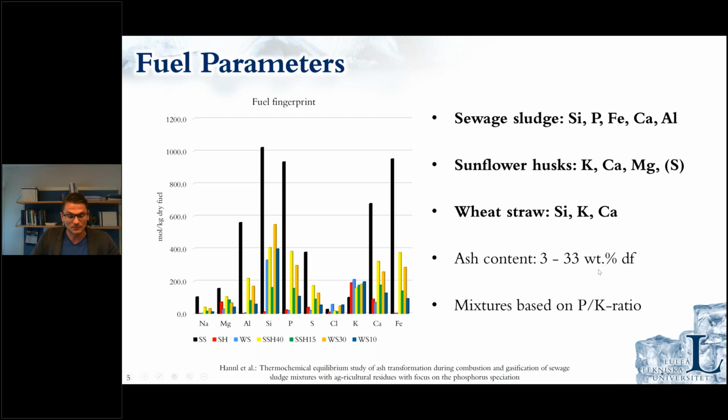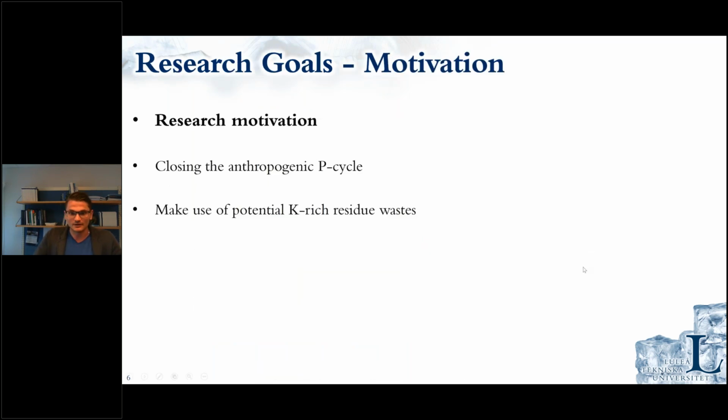And the mixtures that we prepared in practice and in the modeling are based on the phosphorus to potassium ratio, because we want to alter the speciation of phosphorus. And this is like going into the research motivation that we have.